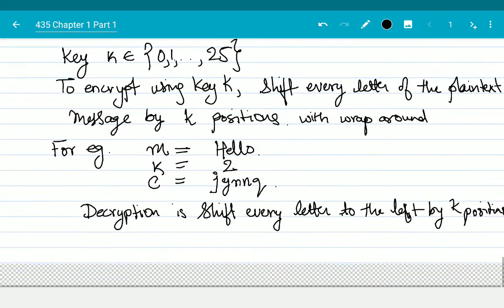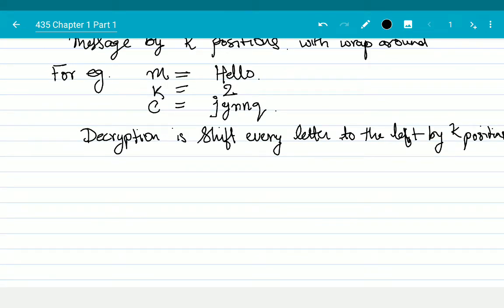Right, so as long as you know the key, you can do this. And for this, we need a way of doing this properly, and so we need number theory.